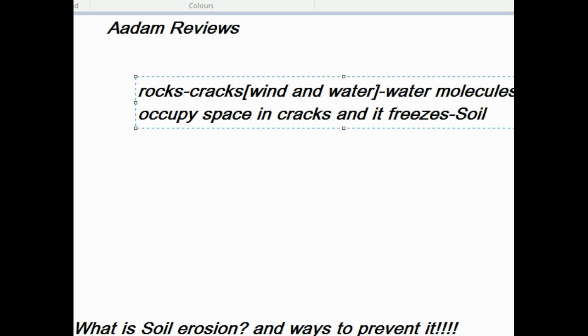So now we got soil, but this soil is not that fertile. And for some rocks, getting soil takes a very long period of time.